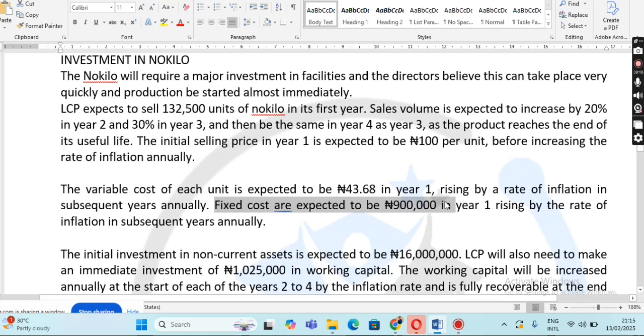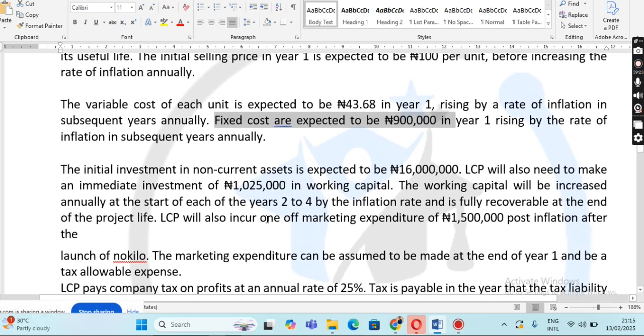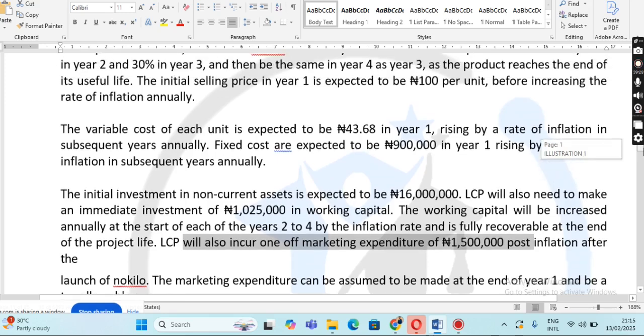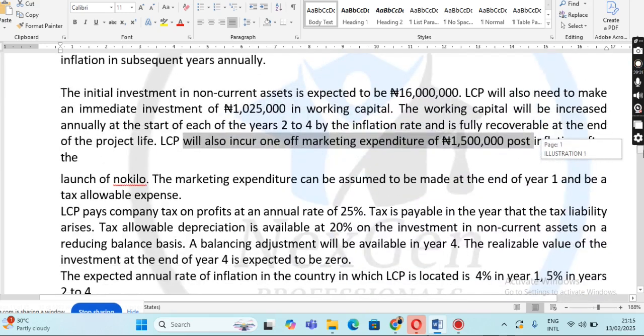Which other costs do we have? Marketing expenses. Then you have your profits. Even before that, don't forget that you will have tax savings on capital allowance.